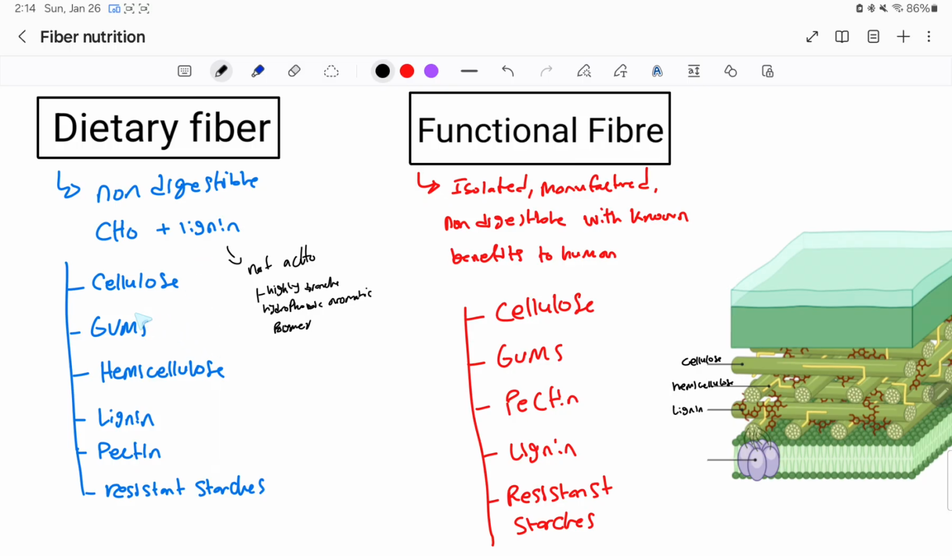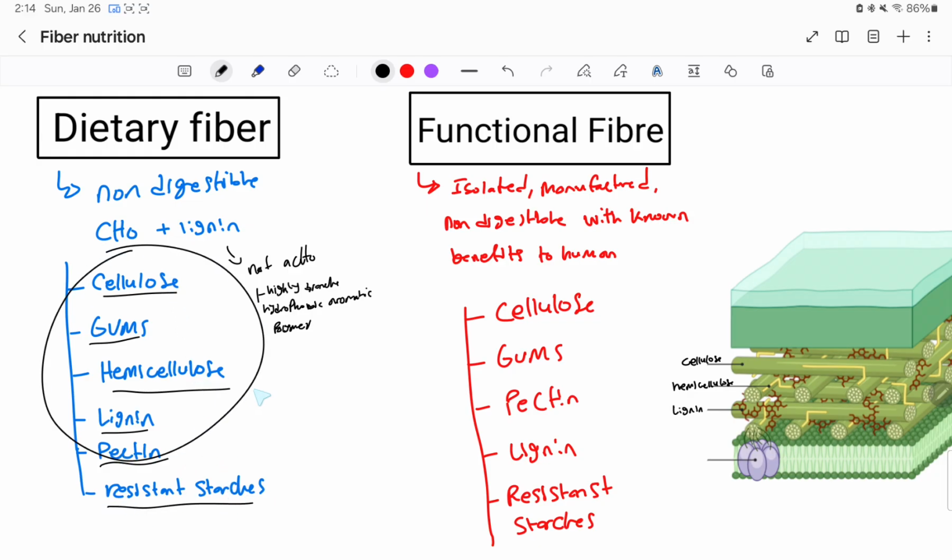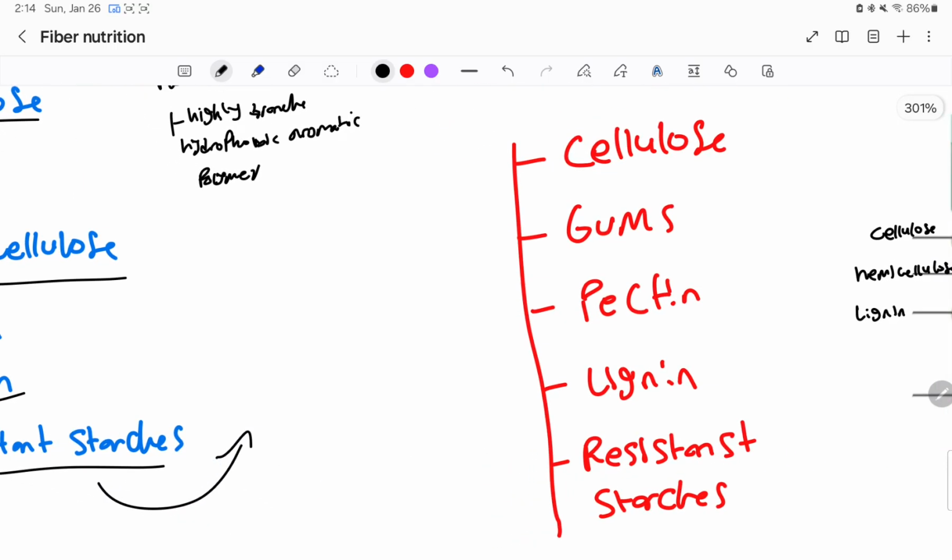Dietary fibers will include things like cellulose, gums, hemicellulose, lignin, pectin, and resistant starches. Again, the majority of these are all part of the plant cell wall. Resistant starches, if you guys remember, we said starches would be things like amylose and amylopectin.